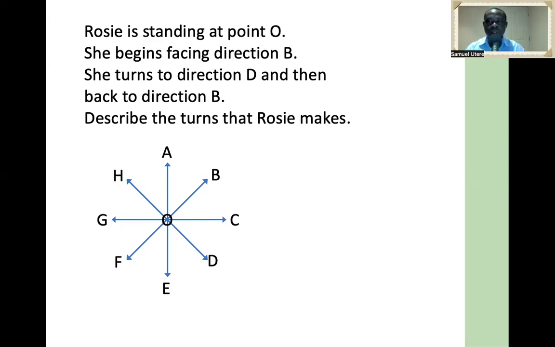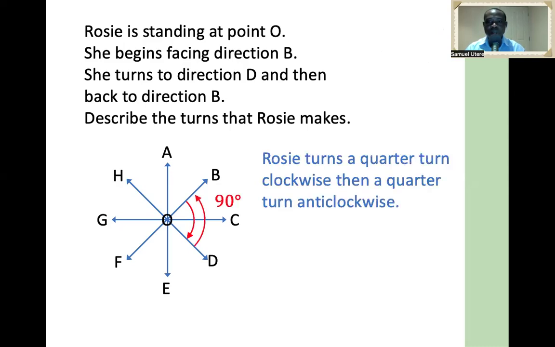Well, we can describe the turns in different ways, but let's do the first one. We can say Rosie turns a quarter turn clockwise, so this direction, and then a quarter turn anti-clockwise, that direction. So that takes Rosie back to where she was.